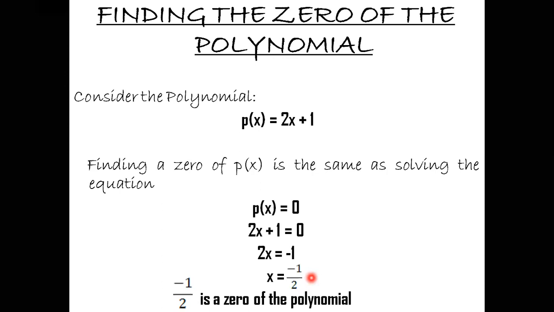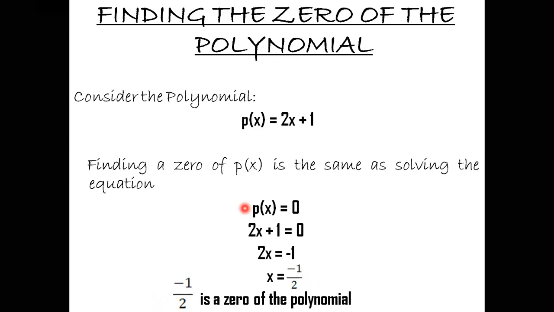So this minus 1 upon 2 is known as the 0 of the polynomial. How did we begin? We began with the understanding that a number is called a 0 of the polynomial when it gives the answer 0. That is, the polynomial of x should be equal to 0.